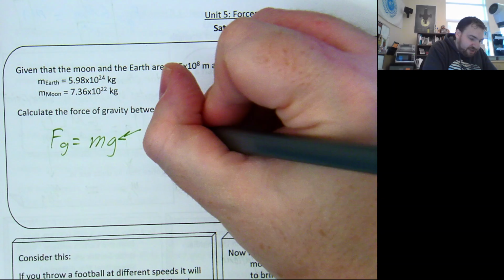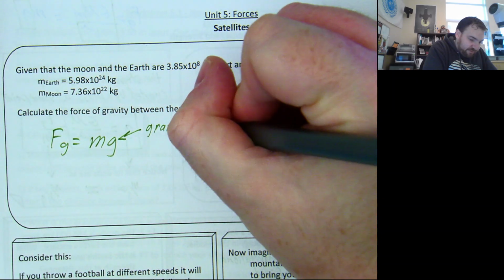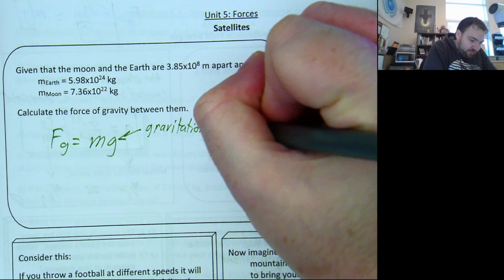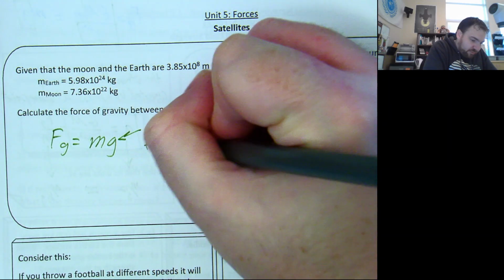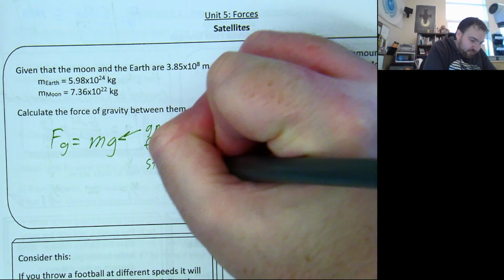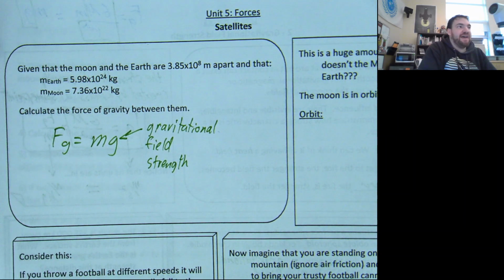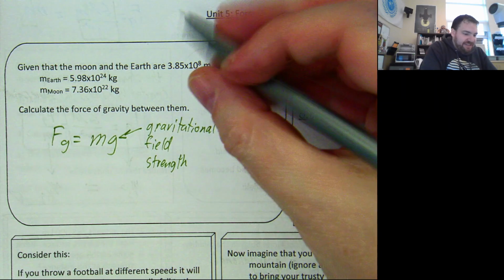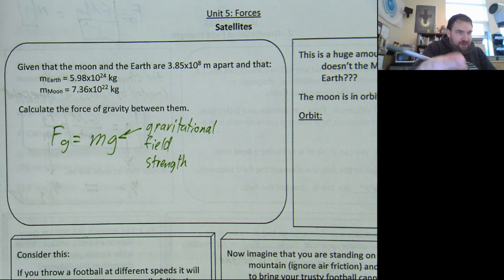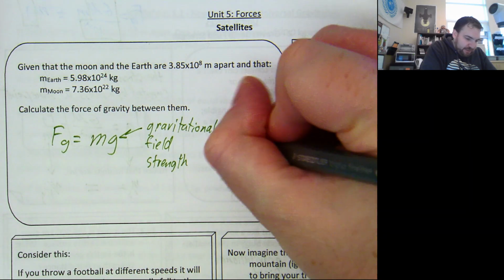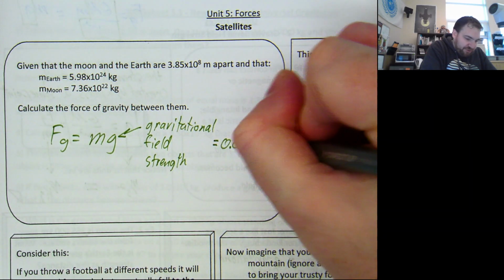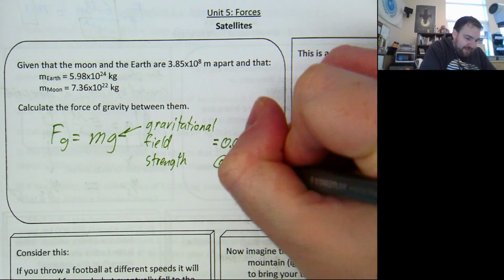This g is gravitational field strength, and we just calculated it. This value, where the moon is out in space, is equal to 0.0026 at the moon.